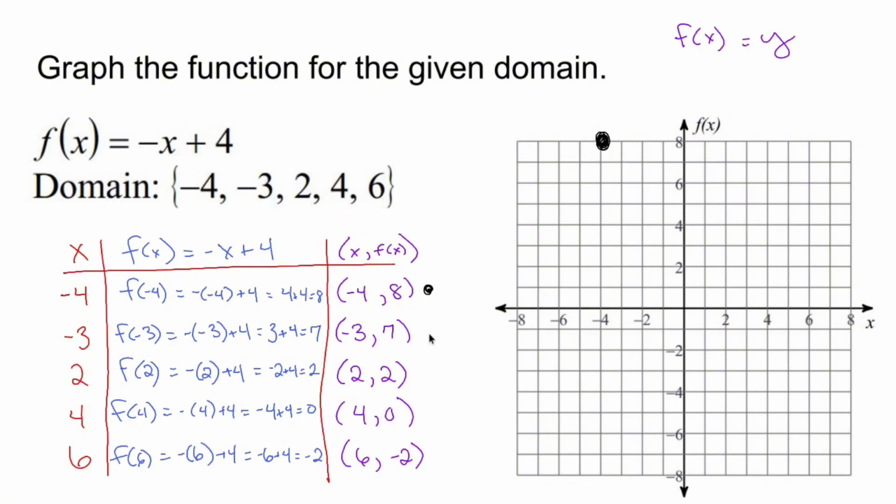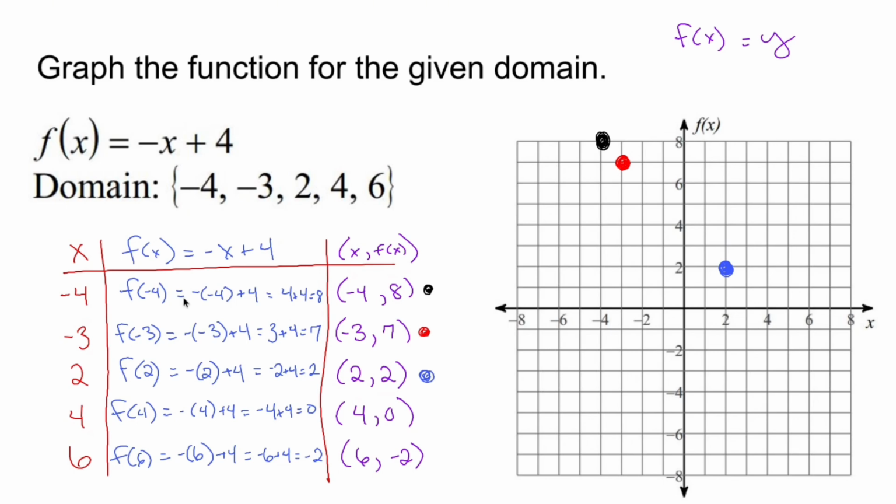When I want to do -3, 7, I travel from 0, 0, left 1, 2, 3, up 1, 2, 3, 4, 5, 6, 7. Put a nice little dot there, and that's -3, 7. 2, 2 has me going from 0, 0 and going right 1, 2, up 1, 2. Put a dot there, and there's my 2, 2.